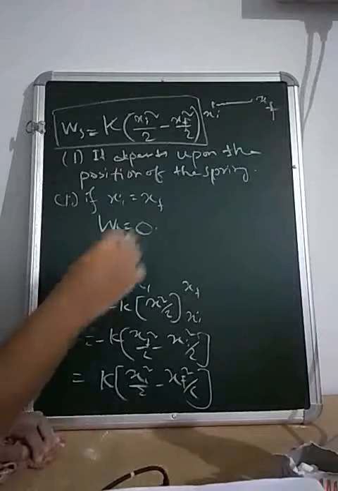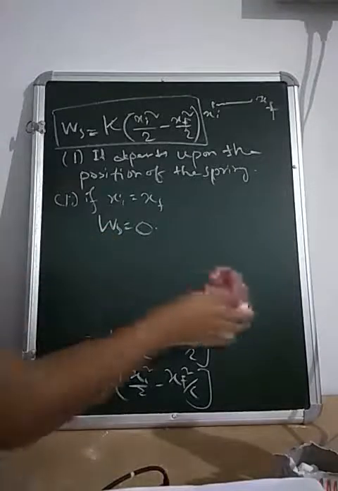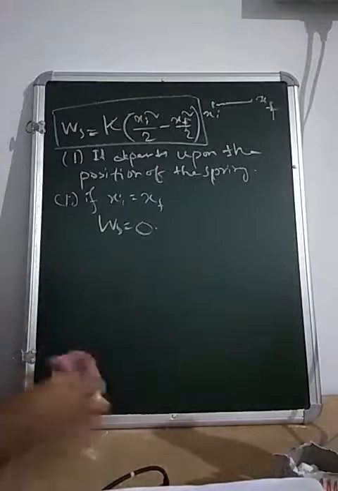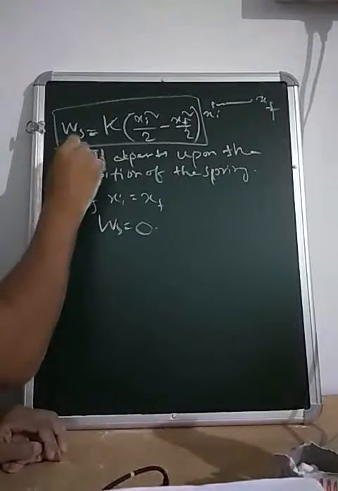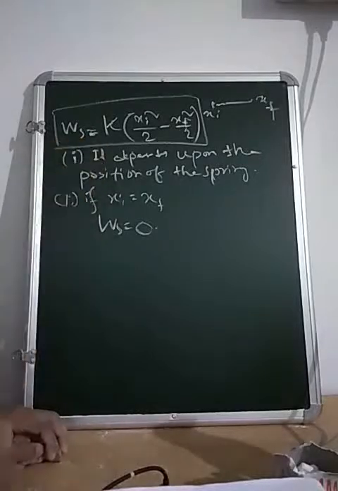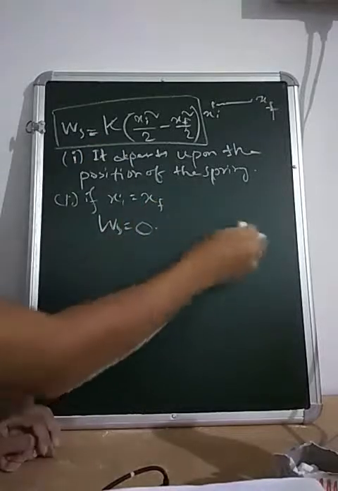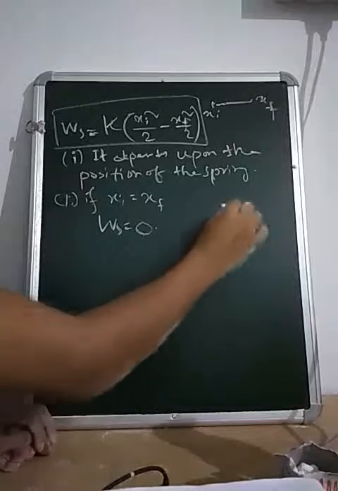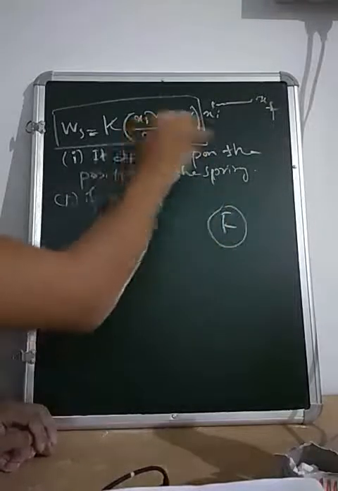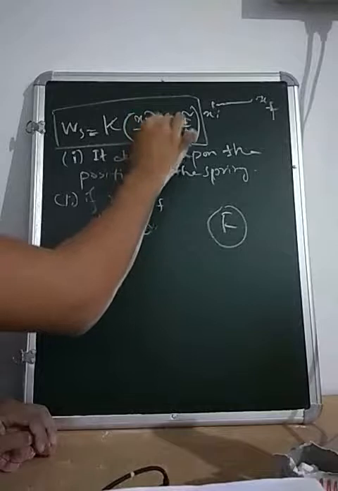So this is what we get. From here you can say that in case of a conservative force, the work done depends upon the initial and final position of the body.